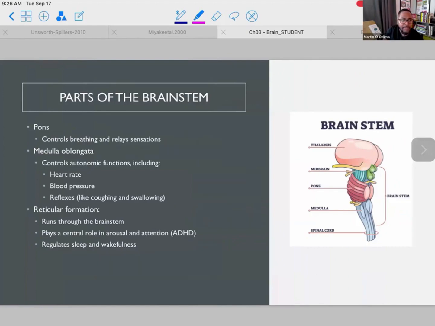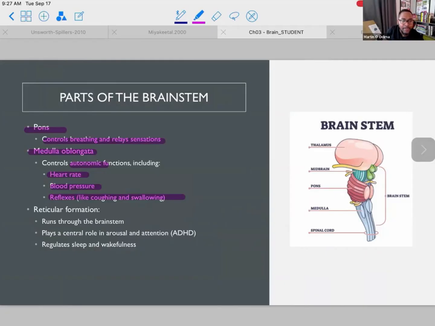The next is the brainstem, which is made up of different parts, including the pons, and the pons controls breathing and related sensations. The medulla oblongata controls autonomic functions, including heart rate, blood pressure, and reflexes like coughing and swallowing.